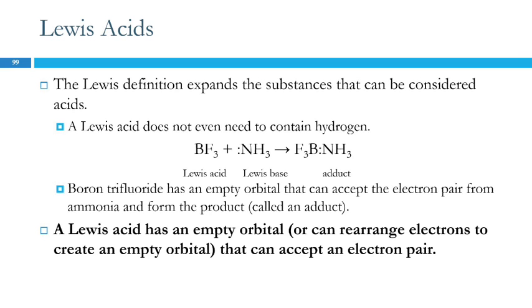Up until now, this is a turning point in your life. Up until now, hydrogens were important on acids. If it didn't start with a hydrogen, it wasn't an acid. And that's true for those first two definitions. It's not true for the Lewis definition. BF3 doesn't have a hydrogen on it, but it is a Lewis acid. This is a base.